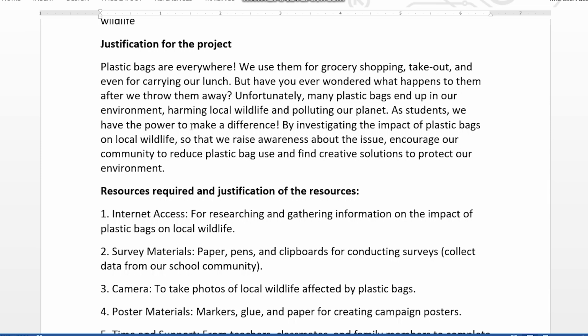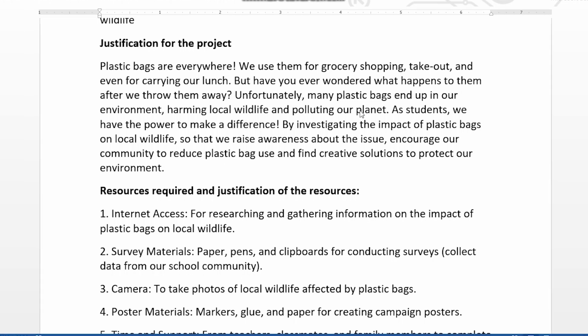As students, we have the power to make a difference by investigating the impact of plastic bags on wildlife, so that we raise awareness about the issue, encourage the community to reduce plastic bag use, and find creative solutions to protect our environment.